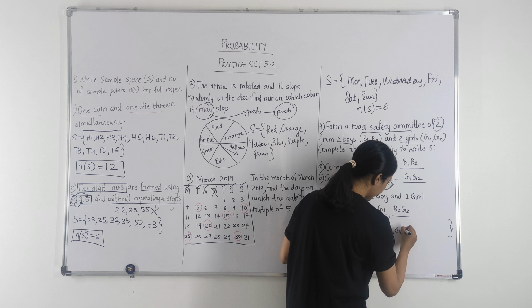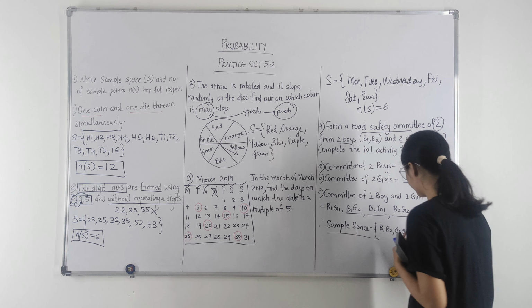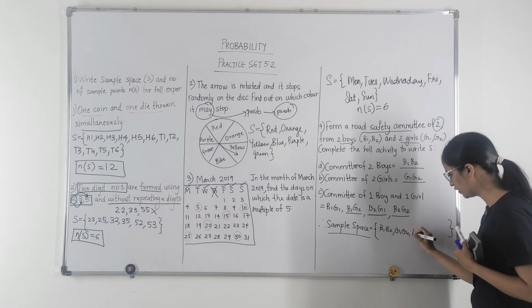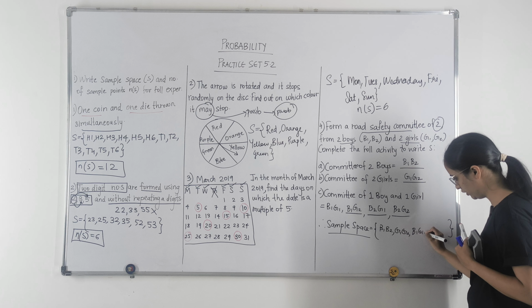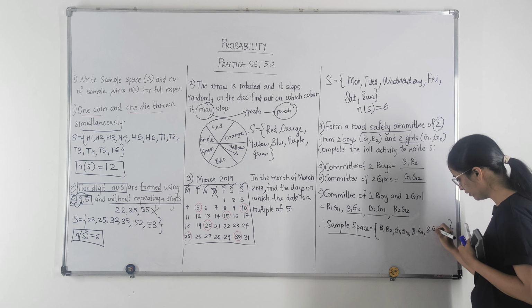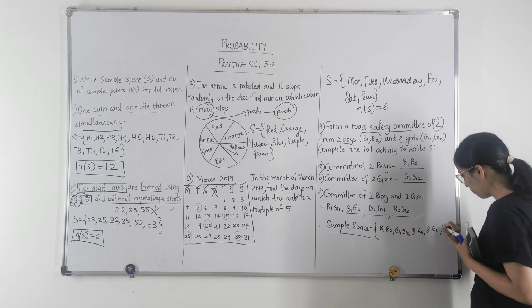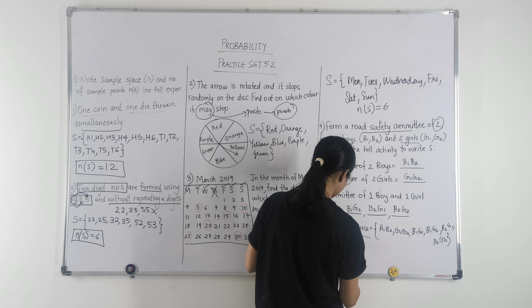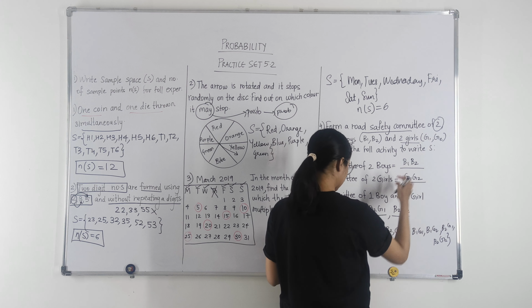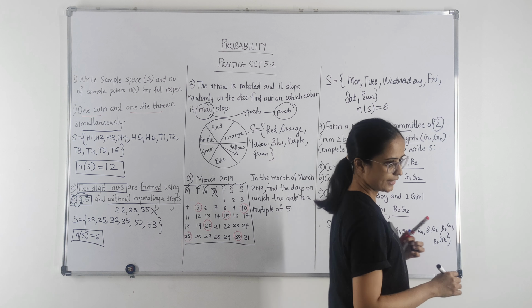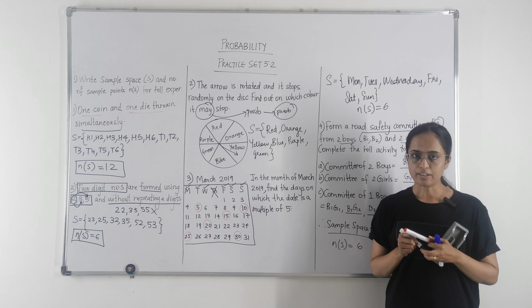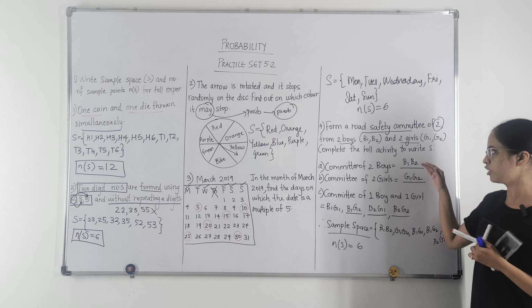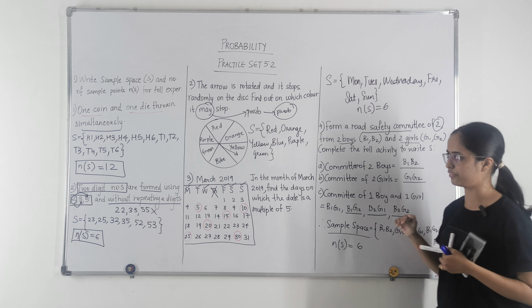It is also possible that both of them might be girls, or 1 boy 1 girl, which in this case is B1 G1, B1 G2, B2 G1 and B2 G2. So the N of S in this case is 6. This is how we can get the sample space for this particular situation that was given to you.